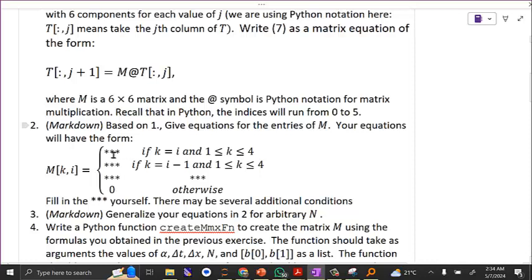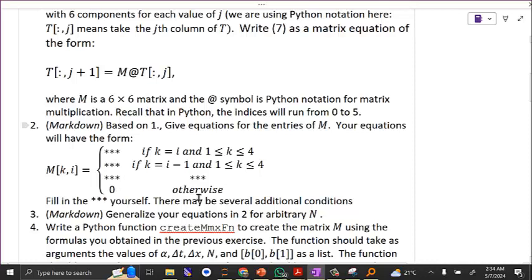There's going to be one value if k equals i, so those are the diagonal entries, and k is between 1 and 4. You're going to have another form if k equals i minus 1, and k is between 1 and 4. So I want you to break down the entries of M in this fashion. If you look at M, you should be able to see patterns and extract them in this way.